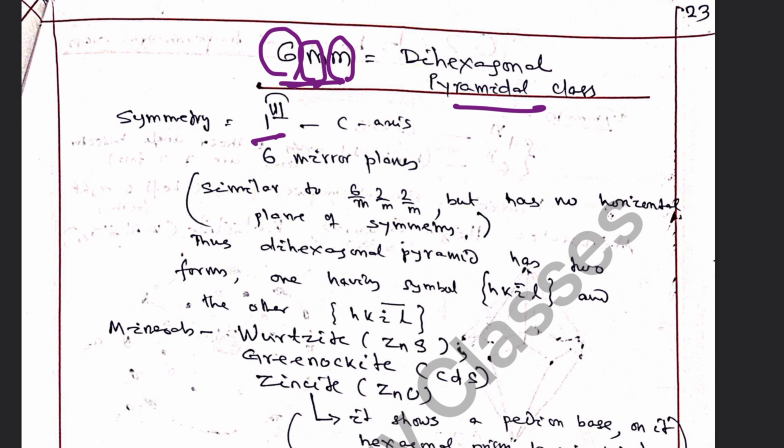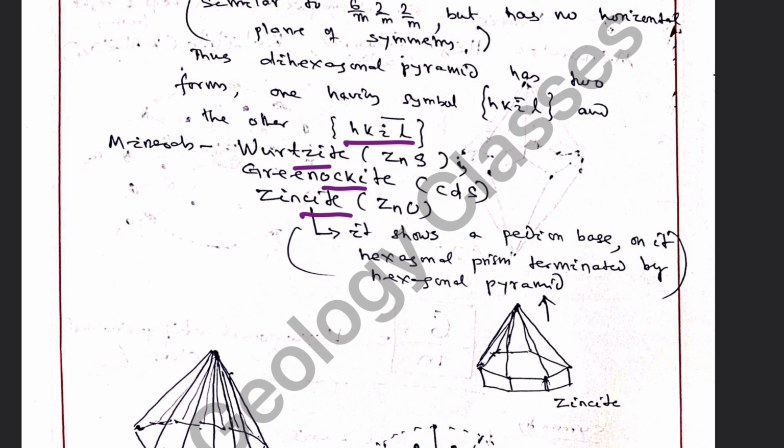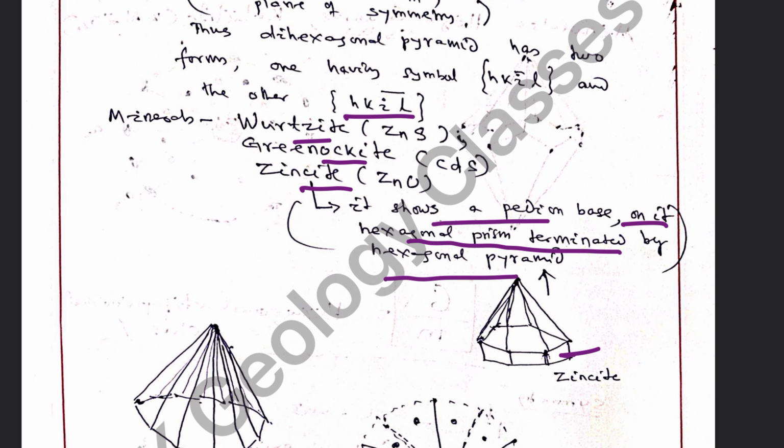It has no center of symmetry because 6/m is not there, and the common form is {hkil}. Minerals are zincite, greenockite, and zincite shows a pedion base. On it hexagonal prism terminated by hexagonal pyramids are there.